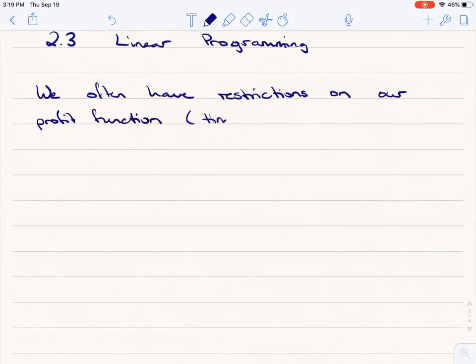Things like time, materials, machinery, labor, right? Things go on and on and on, etc. All these things that could limit how much you produce.